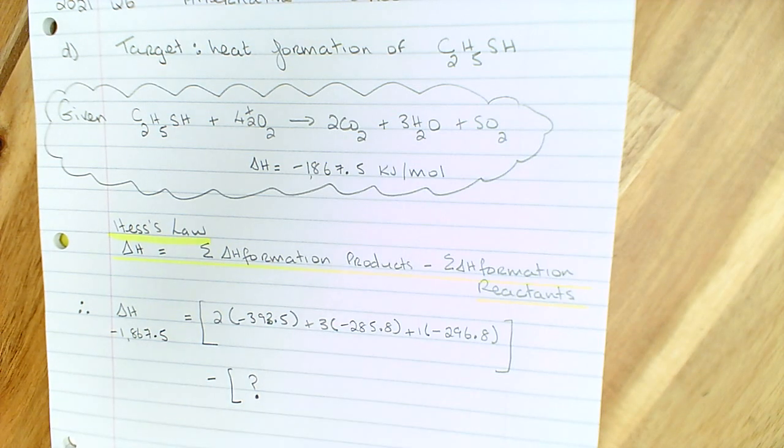Remember, the aim of the game here is to find the heat of formation of ethane thiol. And I would be adding the heat of formation of oxygen, which we just said a moment ago is 0.